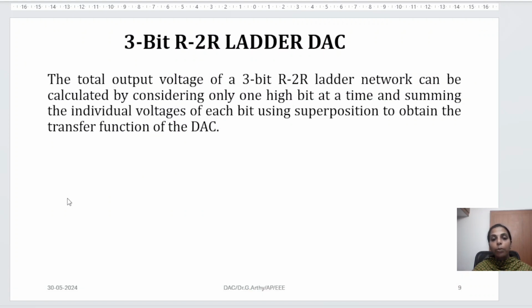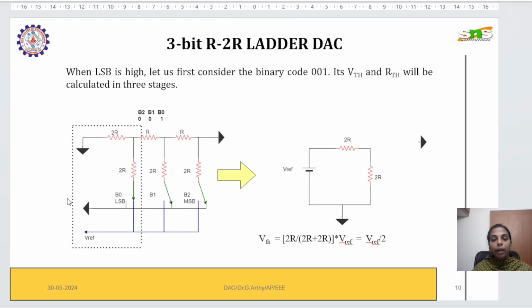The total output voltage of a 3-bit R-2R ladder network can be calculated by considering only one high bit at a time and summing the individual voltages of each bit using superposition to obtain the transfer function of the DAC. This is a simple 3-bit R-2R ladder structure. First we need to find the output equation.